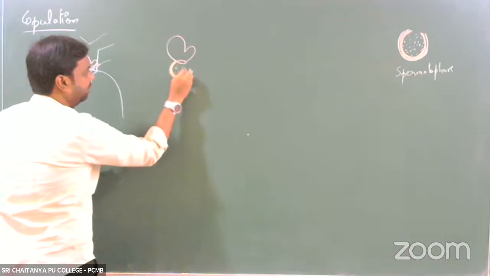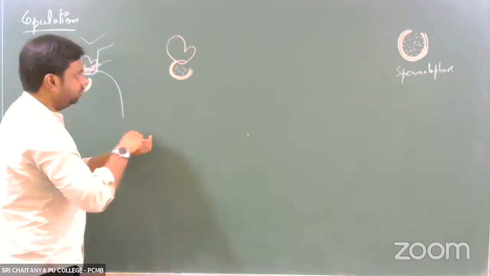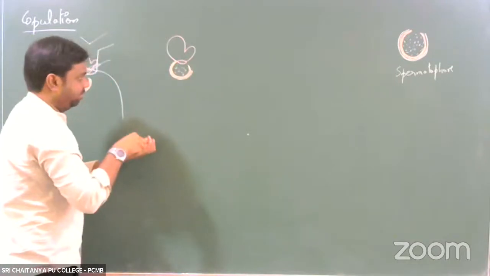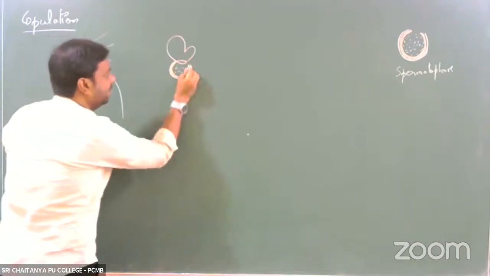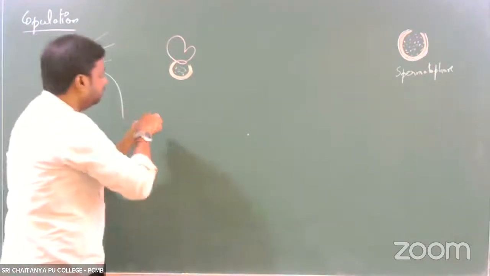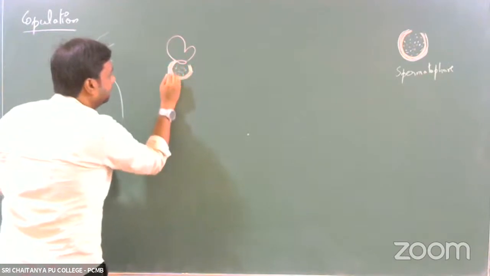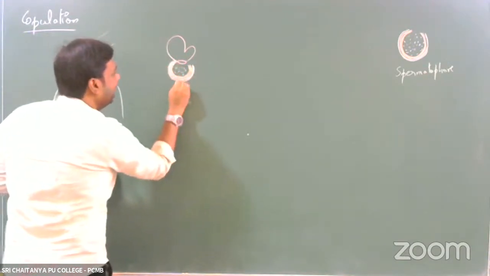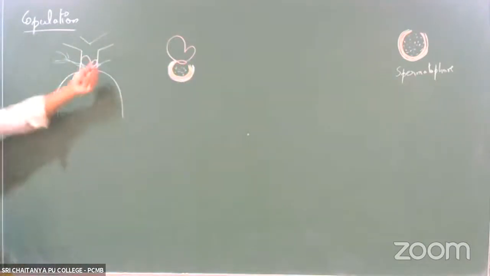Now, this entire structure is the spermatophore. Once this is the case, the phallic gland will start giving out its secretion, such that the entire structure will start becoming hard. This is the secretion of the phallic gland, as a result of which the entire spermatophore will start becoming hard.